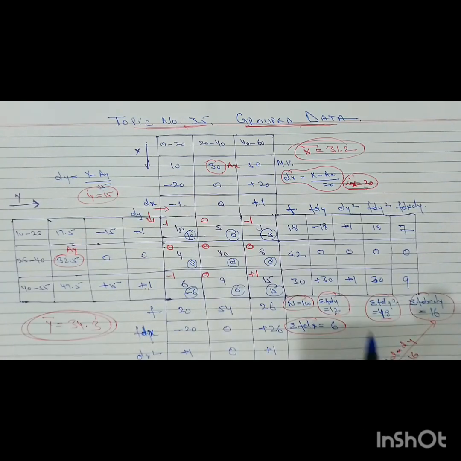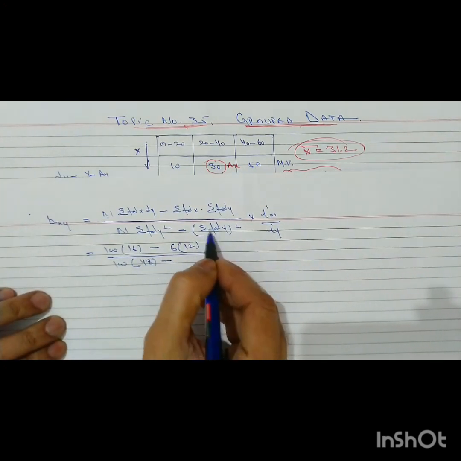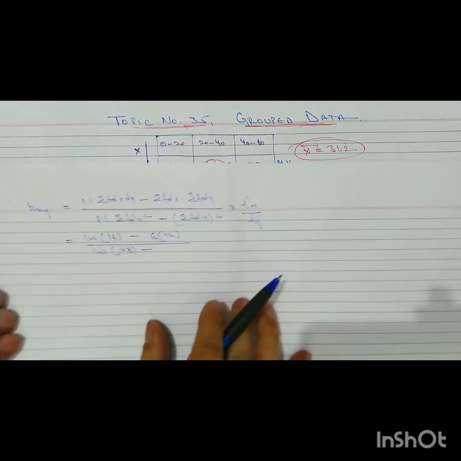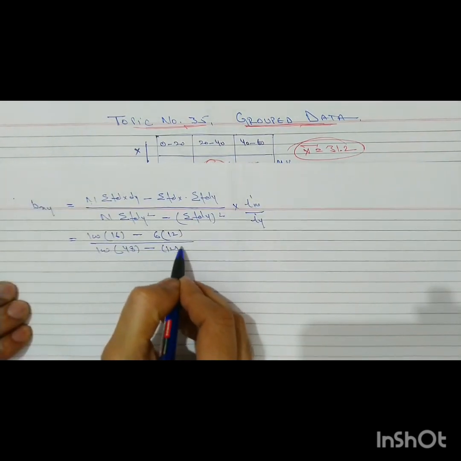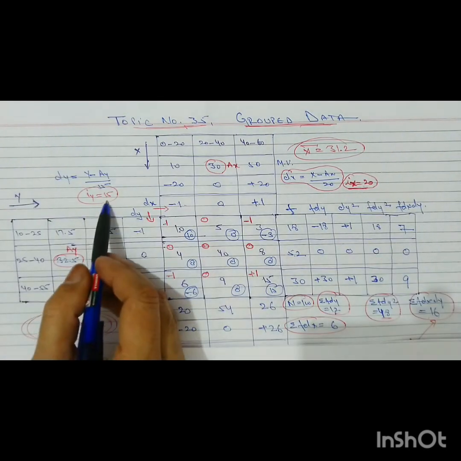Summation f dy square is 48 minus summation f dy, which is 12, 12 whole square, into ix. Ix is 20 and iy is 15.